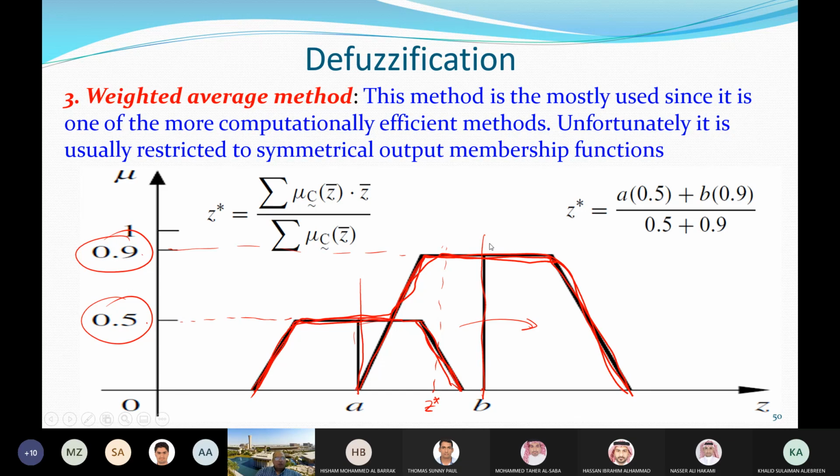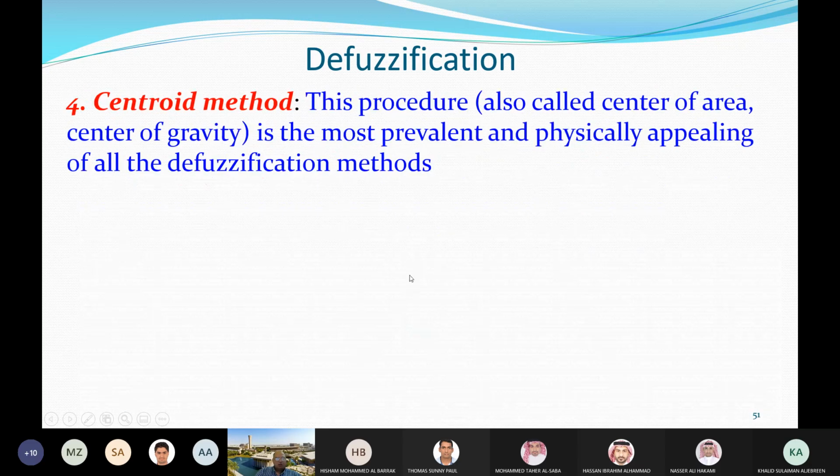Okay, the third method, which is more accurate in estimation, is the centroid method. This procedure, also called the center of area, you are seeking the centroid, or center of the area, or center of gravity, the most prevalent and physically appealing of all the defuzzification methods. It is widely used, although it takes some time in calculation.